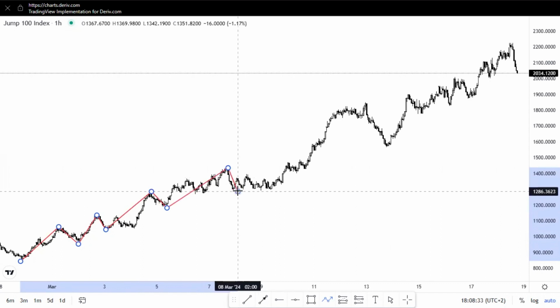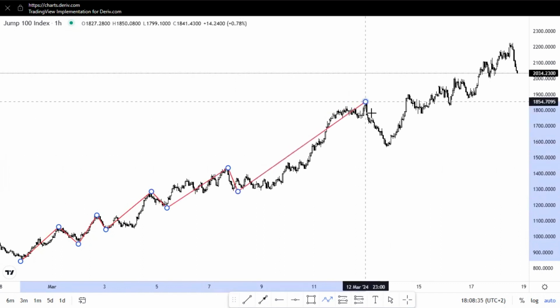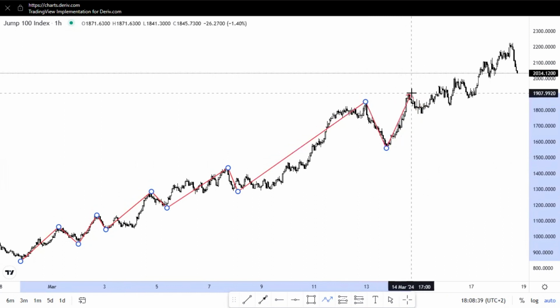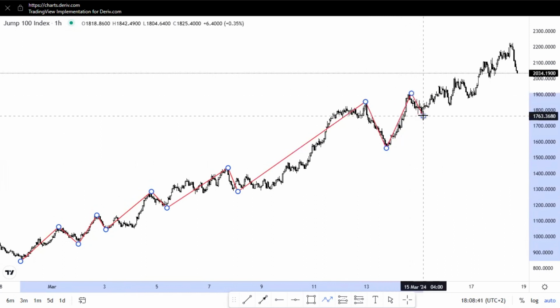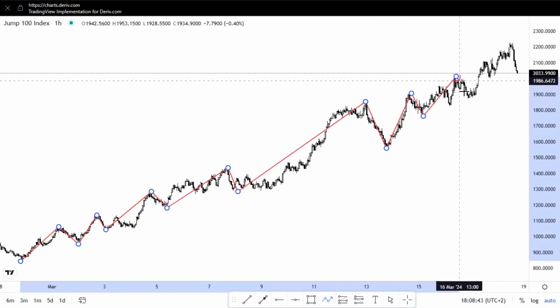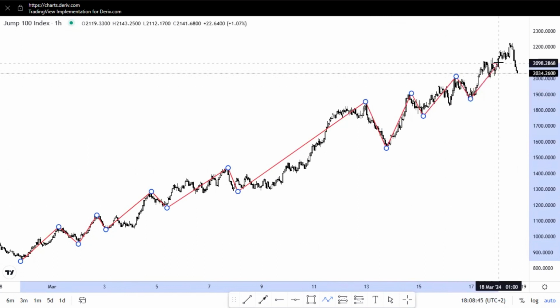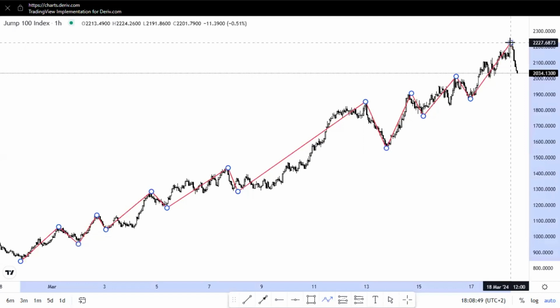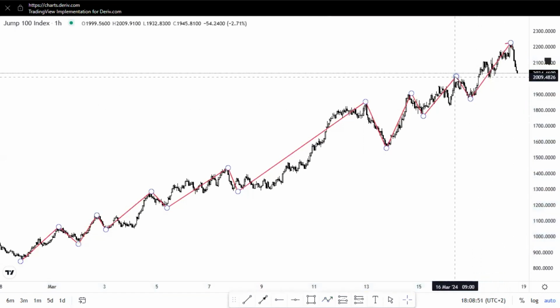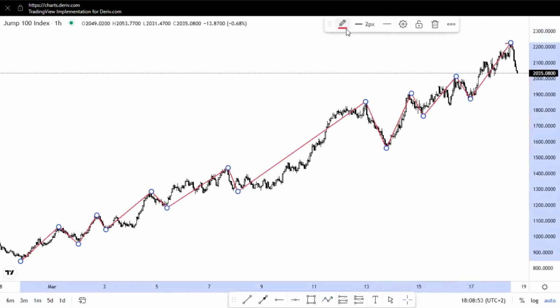If we keep it very clean, something like this. Then this is what we have.